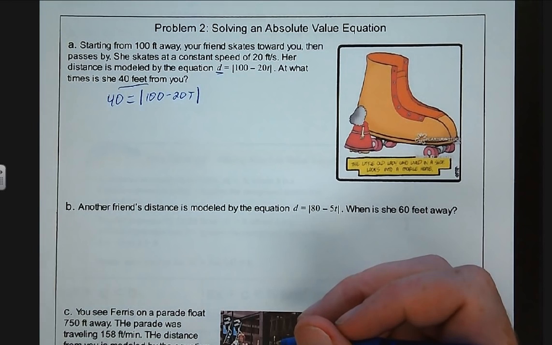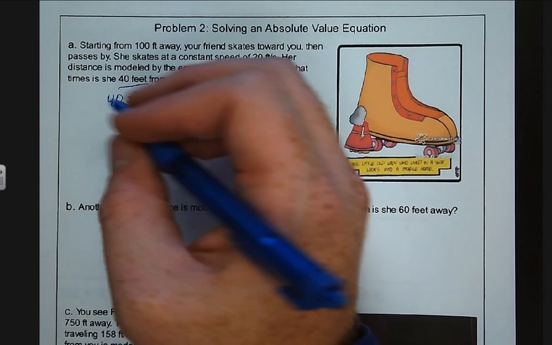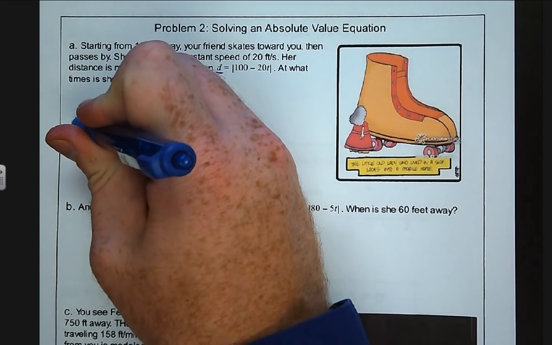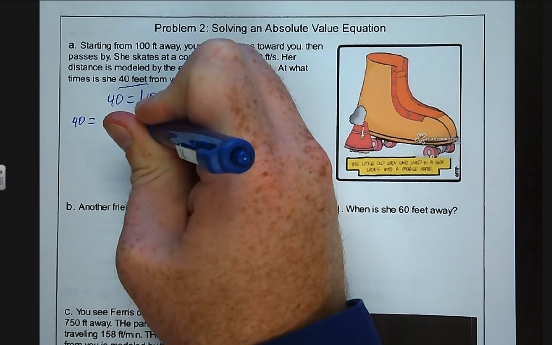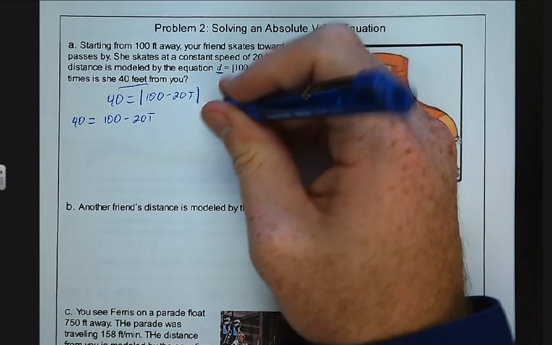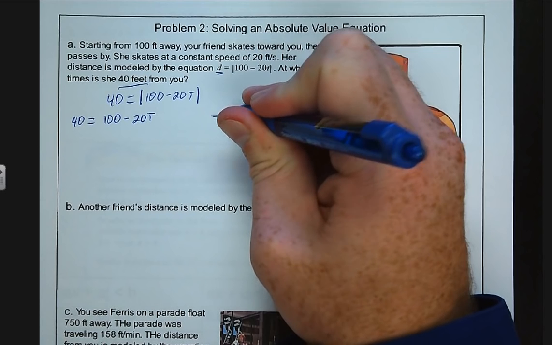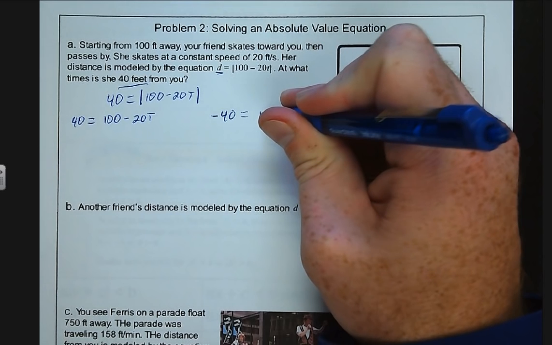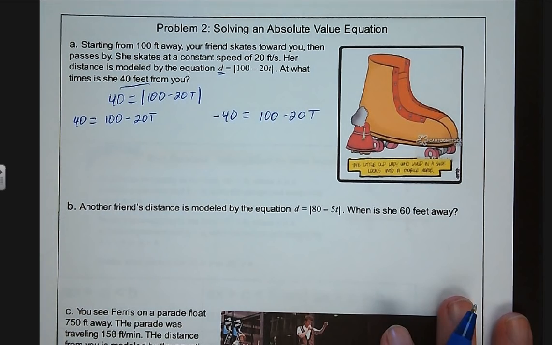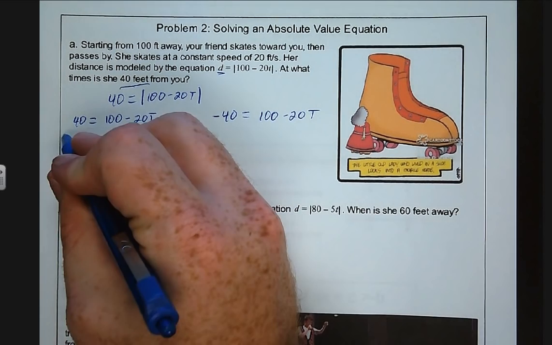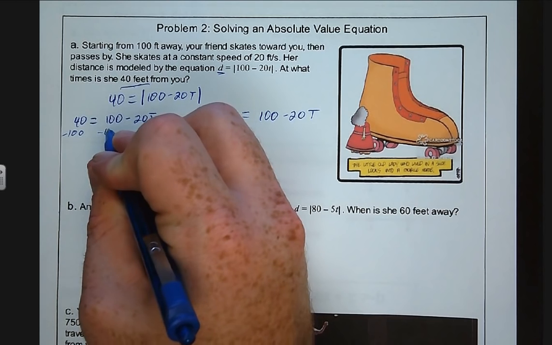The absolute value is already isolated there, so I can break it into my two pieces. 40 is equal to 100 minus 20t. And negative 40 is equal to 100 minus 20t. Start off, we're going to subtract 100 from both sides.